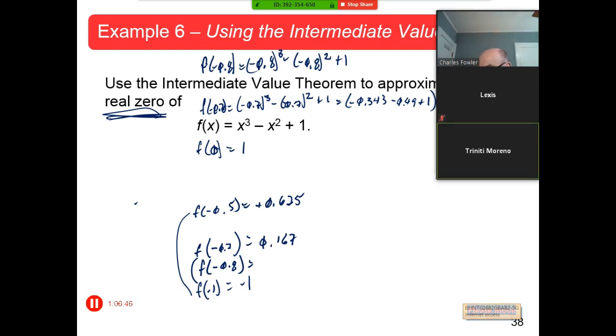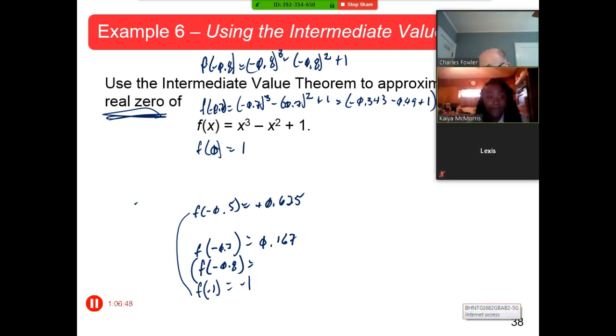Negative 0.8 cubed, minus 0.64 plus 1. Oh, that's a negative number that time, isn't it? Negative 0.152. Did y'all get that? Yeah. Good. So now we know it's in between these two, right?